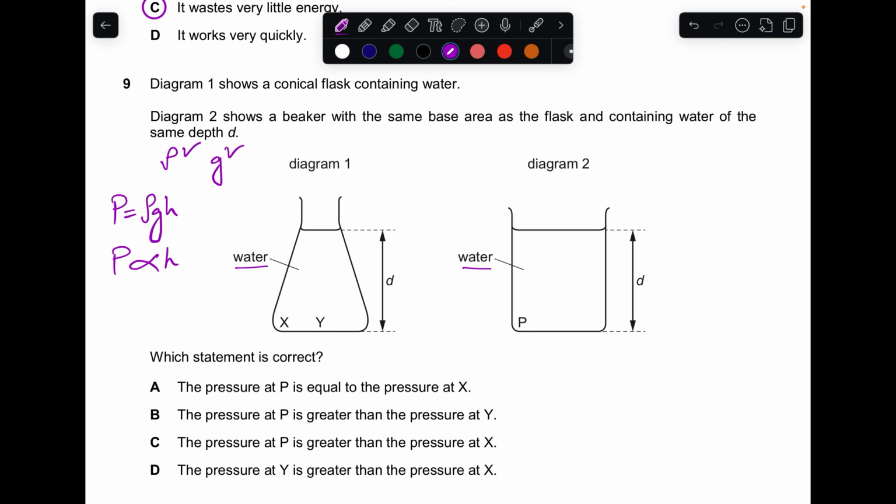So if both have the same depth, then pressure will also be the same. So the pressure at P is equal to the pressure at X, because X and P both are at the same depth, in the same liquid. So this is P and this is X, they are in the same liquid, same depth, and g will also be the same, same planet.